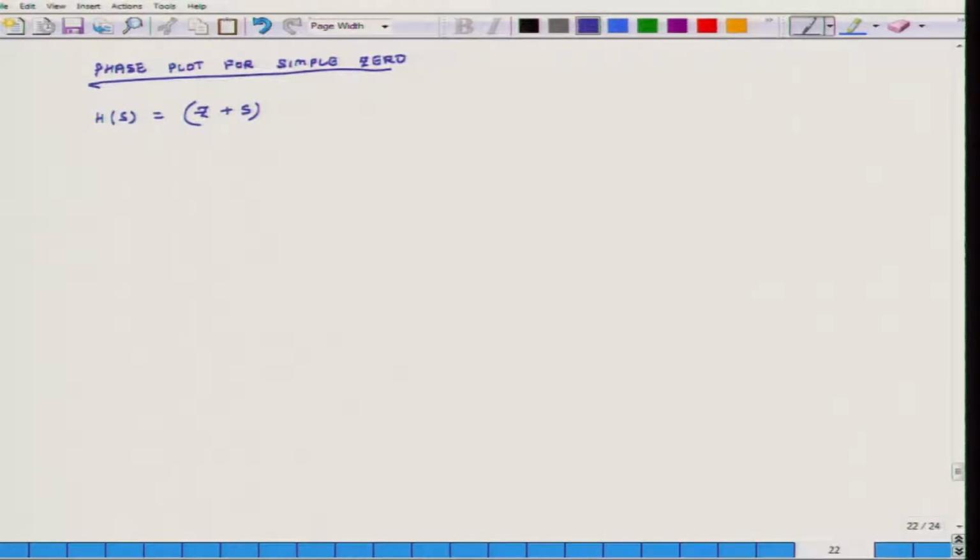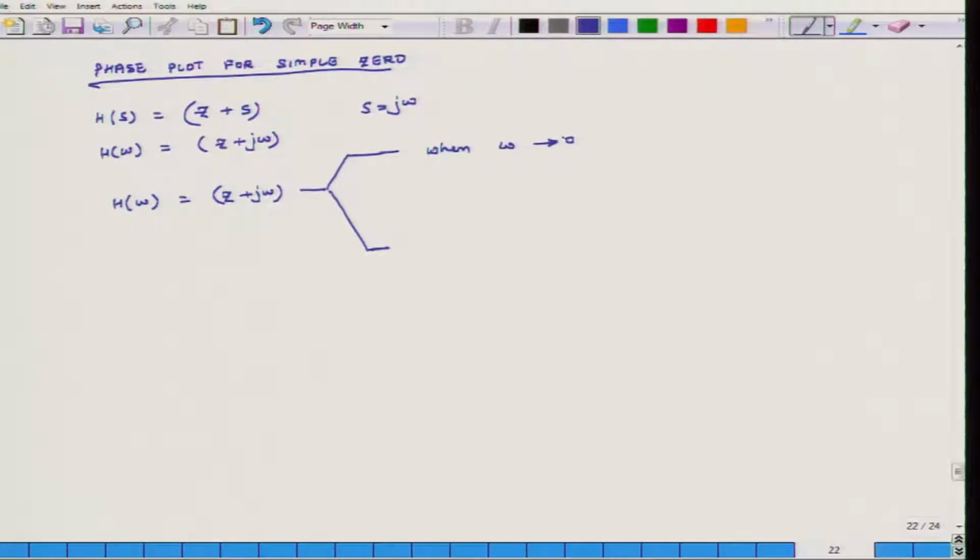And when we are doing Bode plots, s equals j omega. So, H of omega equals z plus j omega, and in an asymptotic sense it can have two values or two functions.